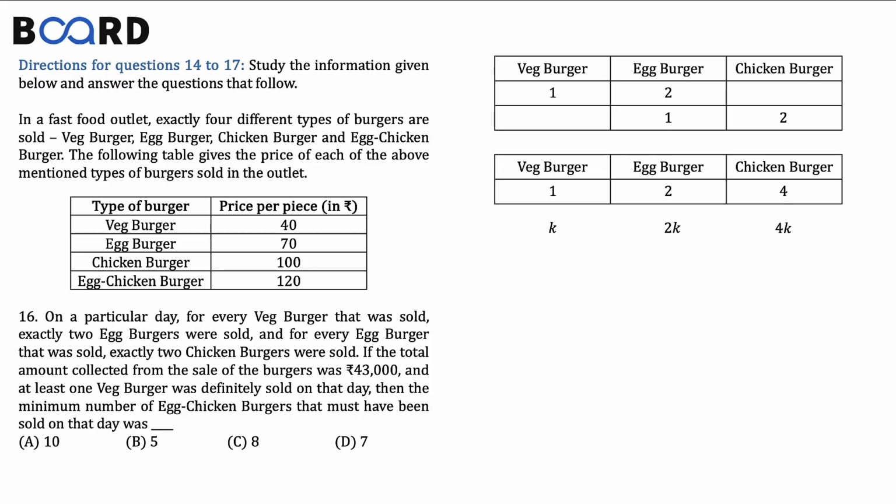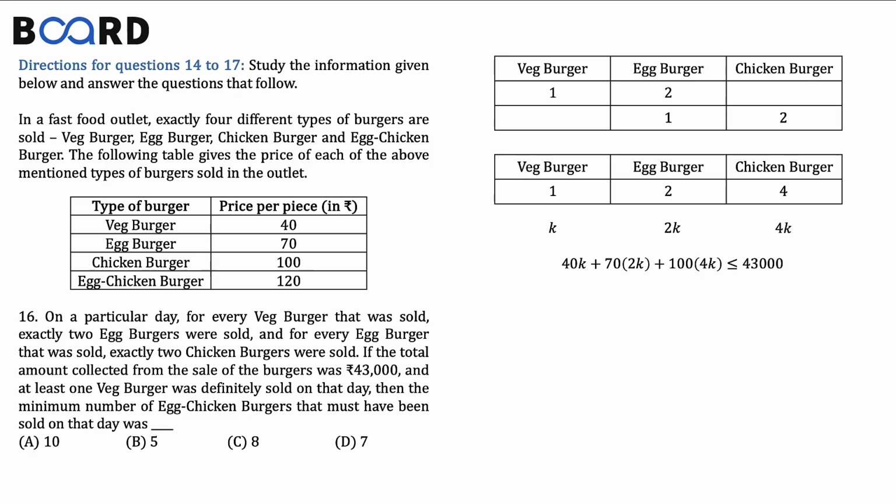So 100 times 4K, that is 400K, will be the total amount collected from chicken burgers. This entire total has to be less than or equal to 43,000. Why are we saying less than or equal to 43,000? That's because we do not know whether egg chicken burgers were sold or not. We have absolutely no information about it.